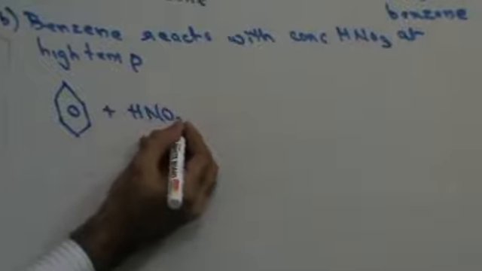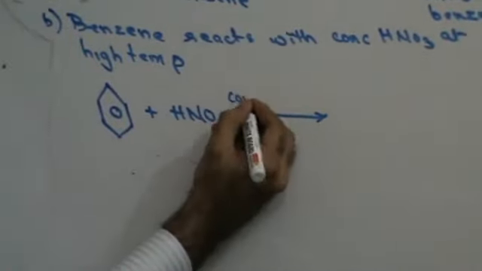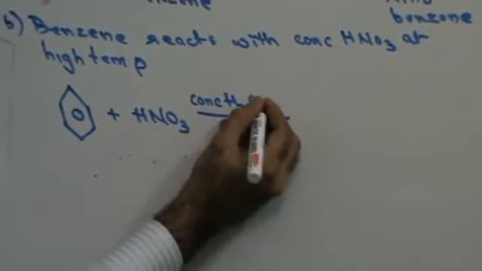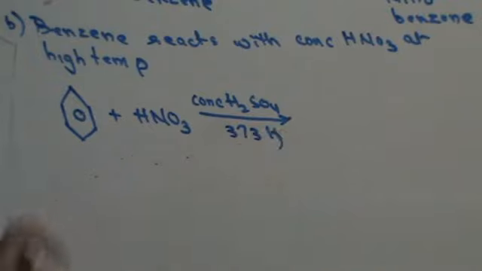Let's see this. You have benzene reacts with HNO3. The catalyst is still concentrated sulfuric acid, and the temperature is going to be 373 Kelvin. Instead of 323 Kelvin, I am reacting it at 373 Kelvin.